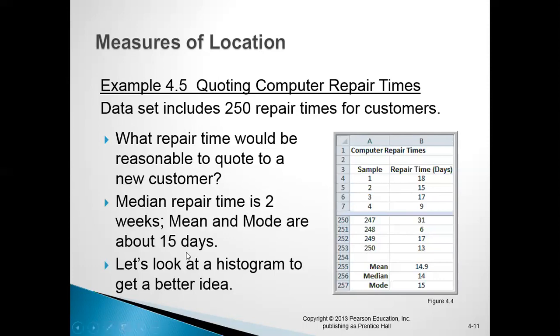And then we calculated the mean, mode, and median just to know the average time of repairing a computer, so that we can give a more accurate picture to the customers who will come to us in future for repairing their computers, right?